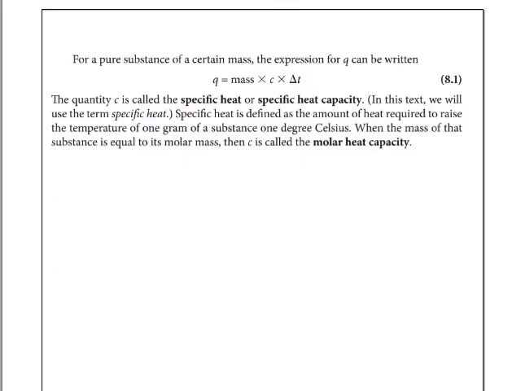The primary equation that we use to calculate the amount of heat that's involved when there's heat transfer is here. And this just means that Q, which stands for heat, is equal to the mass of whatever it is that's gaining or losing the heat, times C, which is called specific heat or specific heat capacity, times the change in temperature, delta T. And one thing that's worth noting is that delta T is always defined this way, so it's always T final minus T initial.